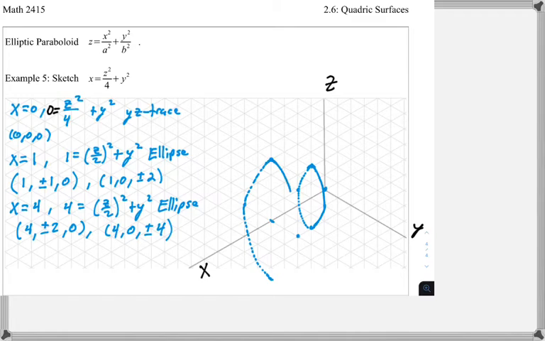And so now we have a larger ellipse. All right, and moving right along, let's go ahead and let y equal 0. And we have x is equal to z squared over 4, and so this is going to be a parabola.